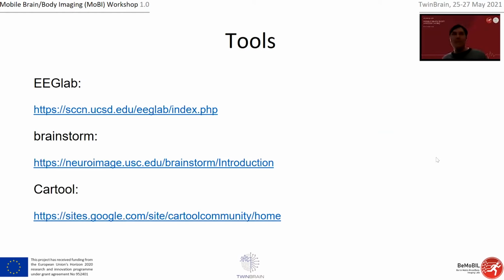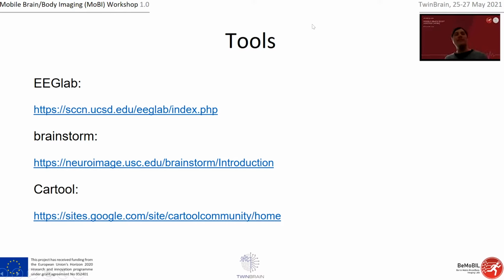In terms of tools, today I'm going to focus mostly on EEGLAB because that is a very strong toolbox in the community, but for visualization purposes, I'm going to use Brainstorm to introduce and talk about source imaging, distributed source imaging. I chose this toolbox because it's open source and widely used in the imaging community.